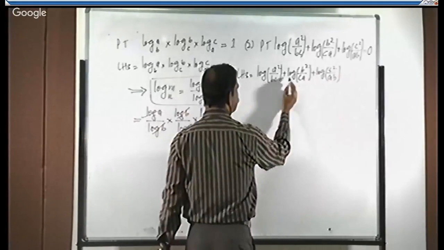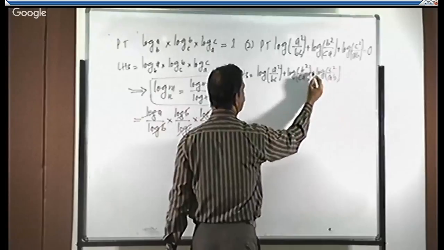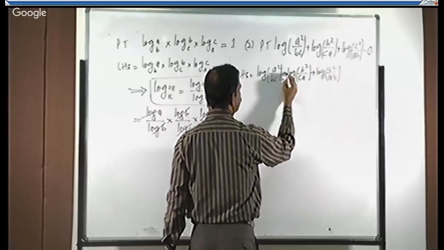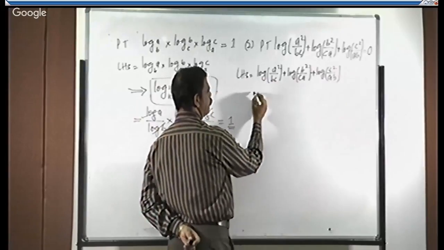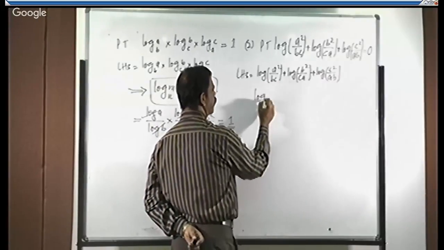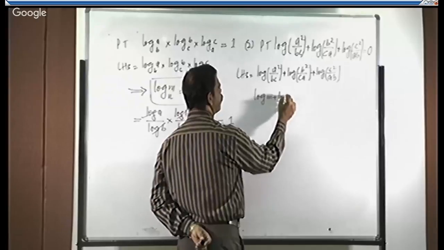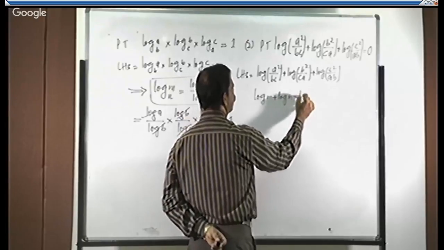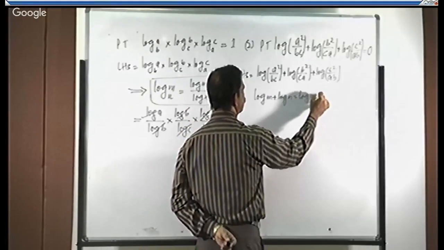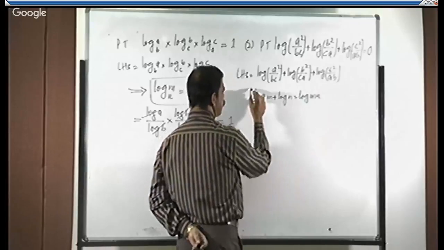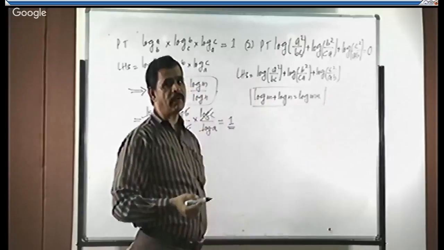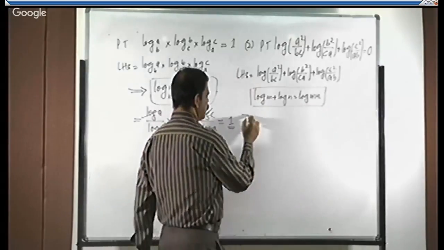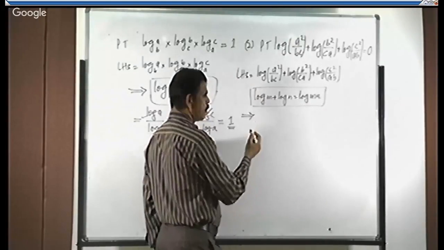So there are three terms. All the terms are connected by plus. Just remember the first law. What does the first law state? Log m plus log n is equal to log of mn. It is given for two terms, but it can be extended for any number of terms.